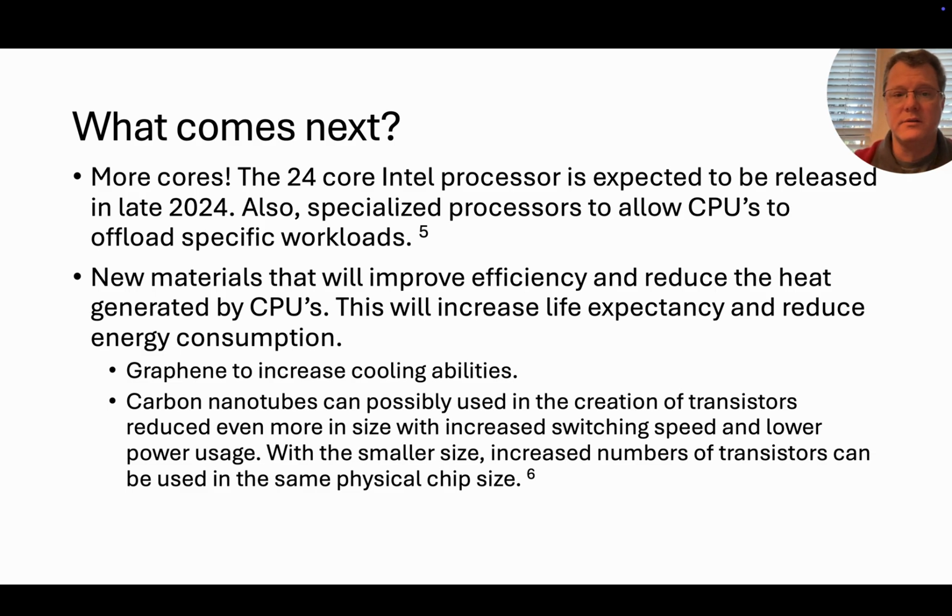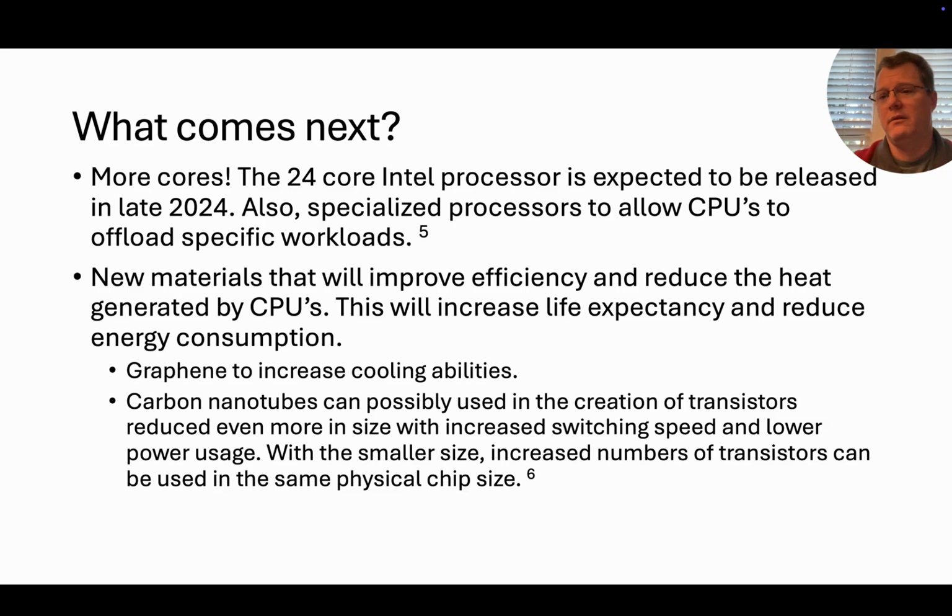So what comes next? Where do we go from here? Well, we started with our single core CPUs way back when, Intel Pentium processors. Now we're up to 24 cores with the Intel that's supposed to be released late this year, 2024, or the 16-core Ryzen 9 from AMD.